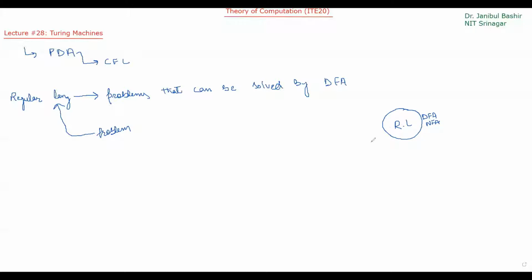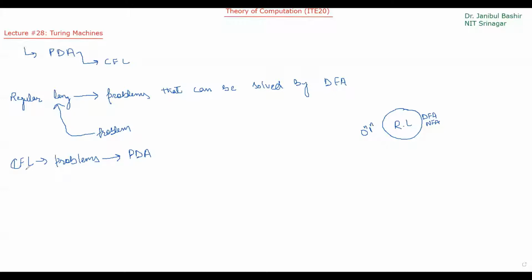Now we know that outside regular languages, there are some other problems which are not solved by a DFA or an NFA. For example, this kind of problem, 0 raised to the power n, 1 raised to the power n. So context-free languages correspond to problems that can be solved by a pushdown automata.